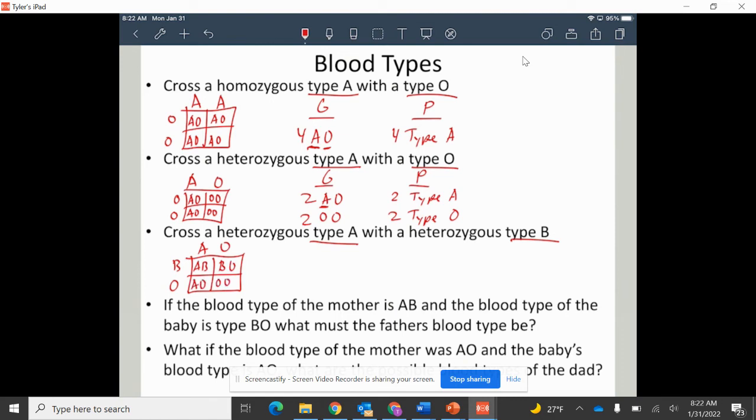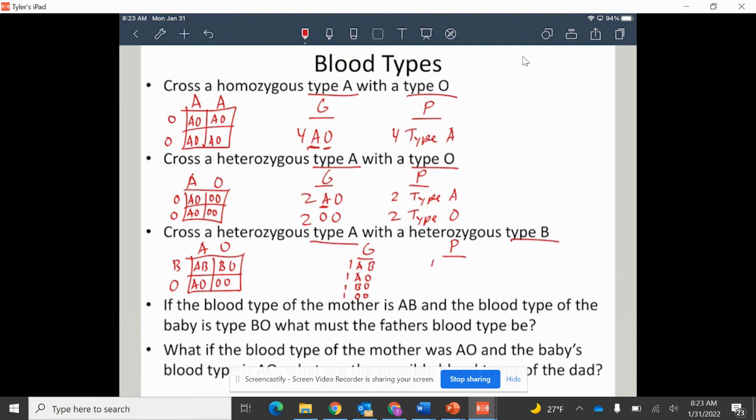Well, for genotypes, we get 1 AB, 1 AO, 1 BO, and 1 OO. So if you cross 2 heterozygous people with type A and type B, you could get really any blood type, right?